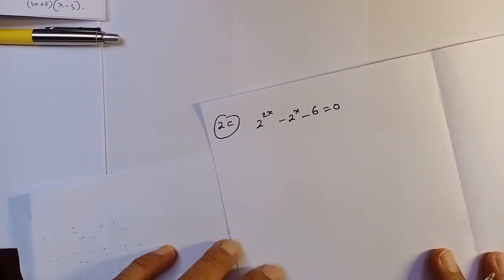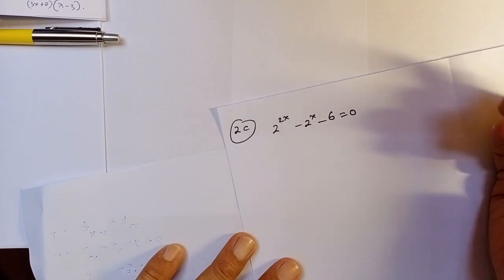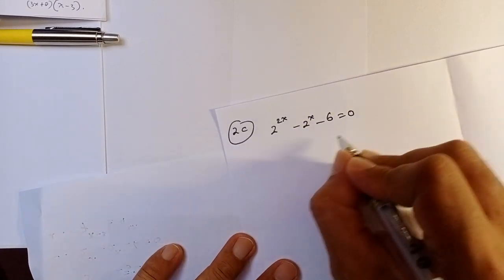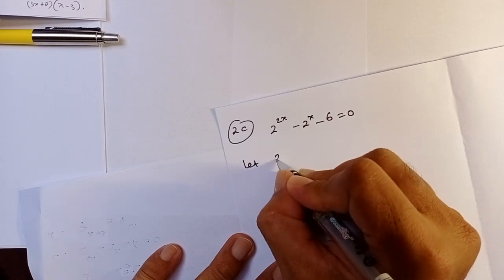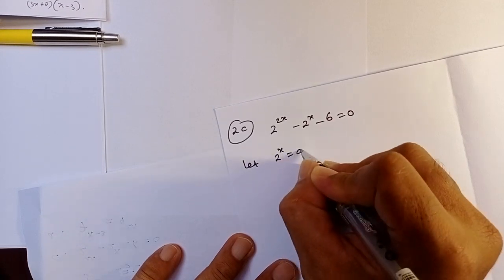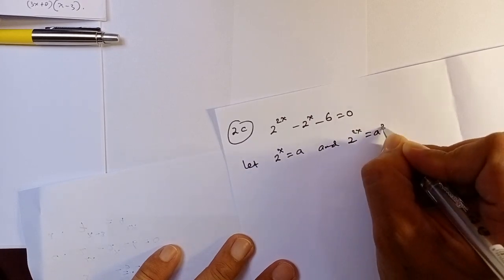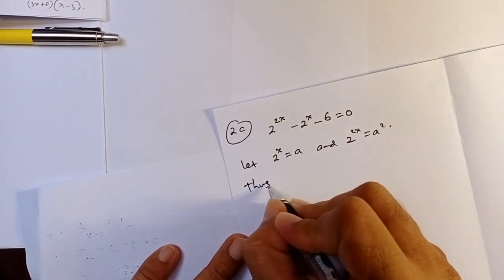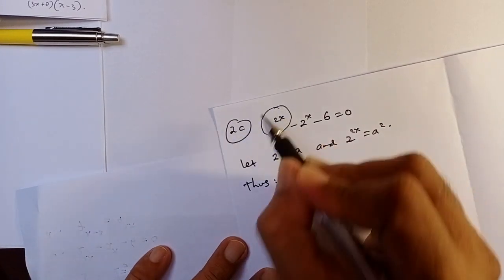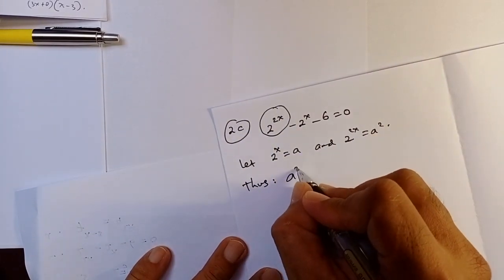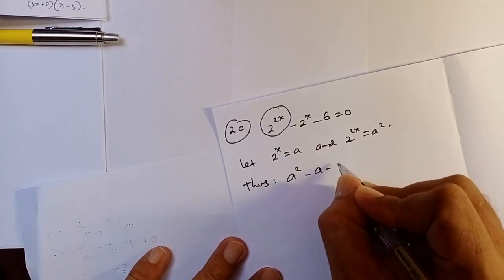Now we continue with question 2c. As before, we let by substitution 2 to the power of x equal a, and 2 to the power of 2x equal a squared. From this substitution, 2 to the power of 2x is replaced by a squared, 2 to the power of x is replaced by a, minus 6.